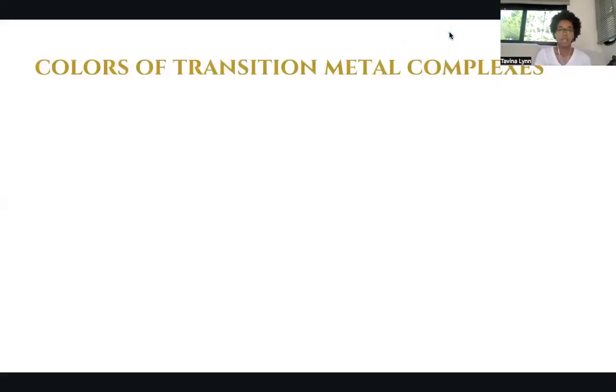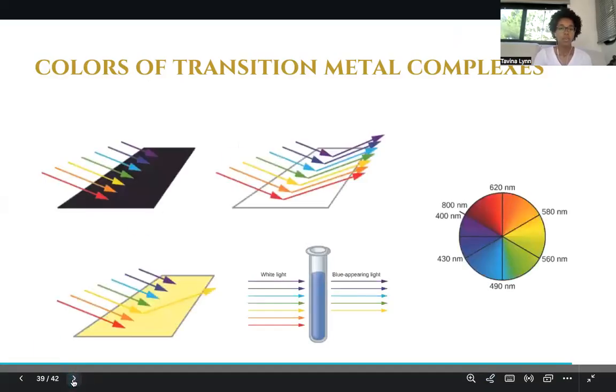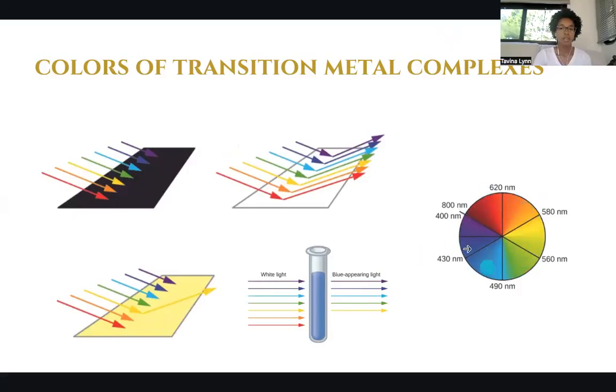So let's conclude coordination chemistry by talking more about the colors, why we see certain colors of transition metal complexes. So here is our color wheel in terms of the light that is reflected at each wavelength within the visible light region.